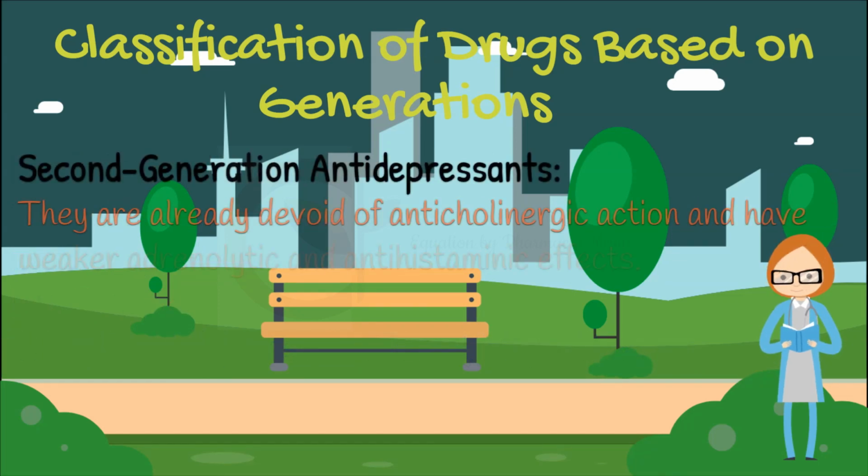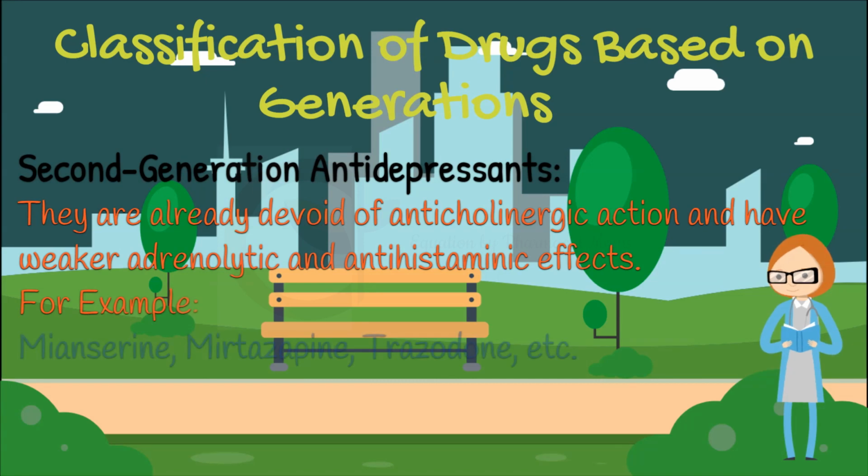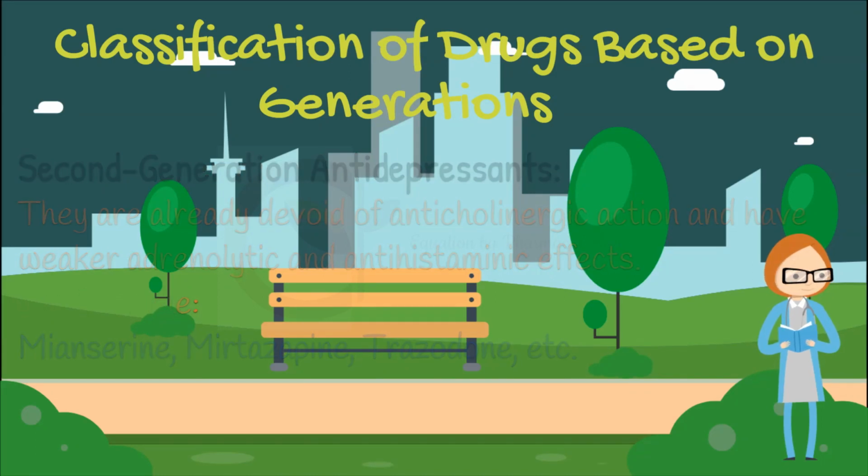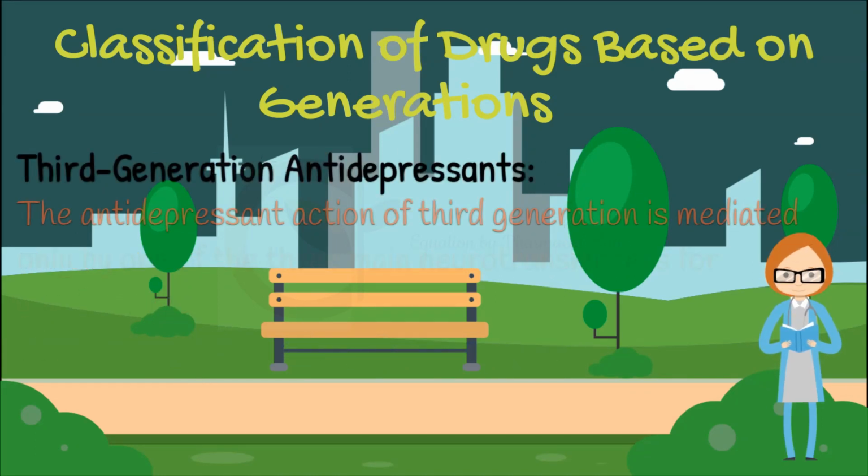Second-generation antidepressants. They are devoid of anticholinergic action and have weaker adrenolytic and antihistaminic effects. For example, mianserin, mirtazapine, trazodone, etc. Third-generation antidepressants.